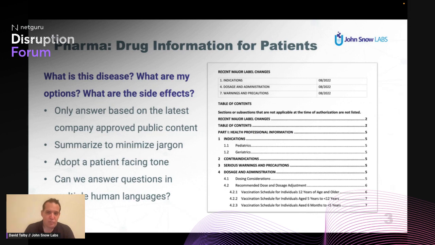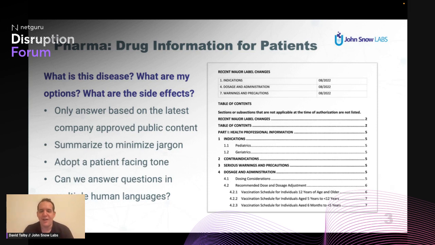Here's one example of a project that we worked on with one of the largest pharmaceutical companies in the world. Their goal is to build a chatbot for patients and their family members and caregivers about their own product, about their drugs and their medical devices. If I'm a patient newly diagnosed with something, that's scary to me, and I want to understand: what if I take this drug?